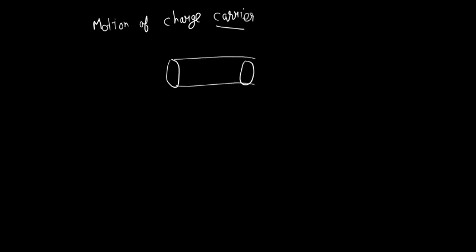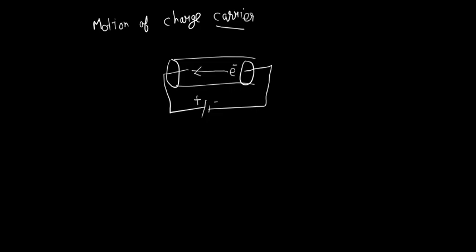There are two types of charge carriers, as we already discussed: electrons and ions. Here we study only metallic conductors, that is, electrons.